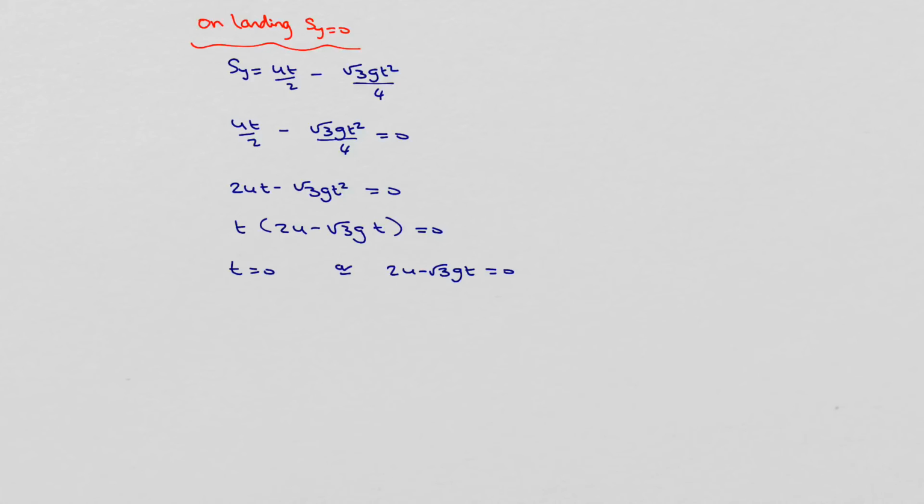And obviously t equal to 0 represents the start, where the displacement will be on the plane, so therefore it will be 0. And at the end, if I get t on its own, I get my time of flight. So the second time that the particle is on the plane, in other words, the displacement in the y direction is 0, is when it lands. So this is our time of flight.